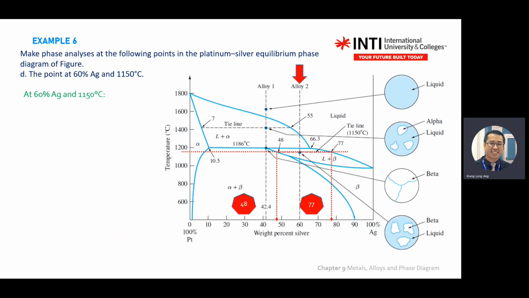You only concern yourself with the next point on your horizontal line from the point of interest. This one touches here, so you read the value. From the 60%, you go to the far right, touch this point, and drop down. Okay. So you have liquid and beta.